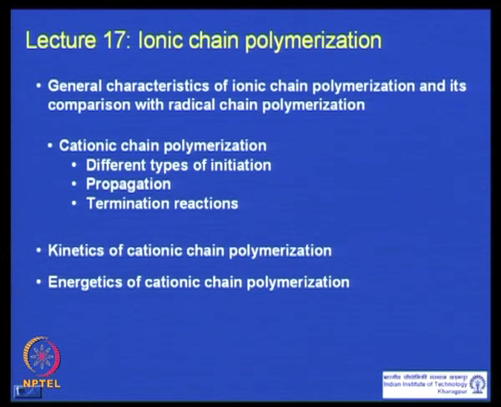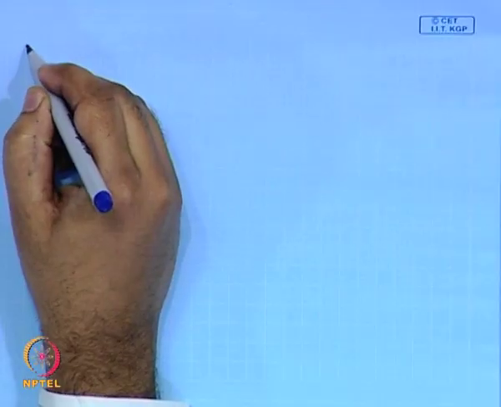Then I will talk about kinetics of cationic chain polymerization and then energetics of cationic chain polymerization. And in the next lecture, I plan to talk about the other type of ionic polymerization, which is anionic chain polymerization. Now, let us begin our discussion on ionic chain polymerization.